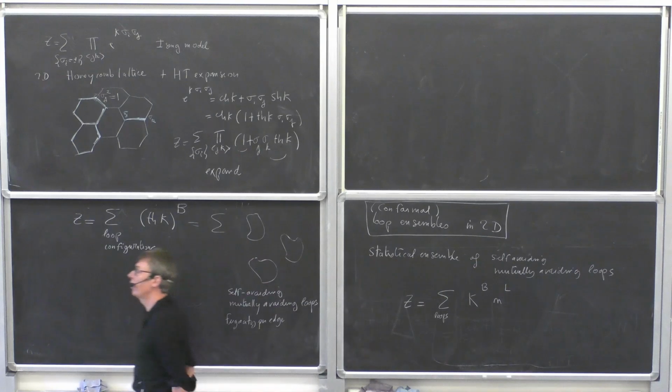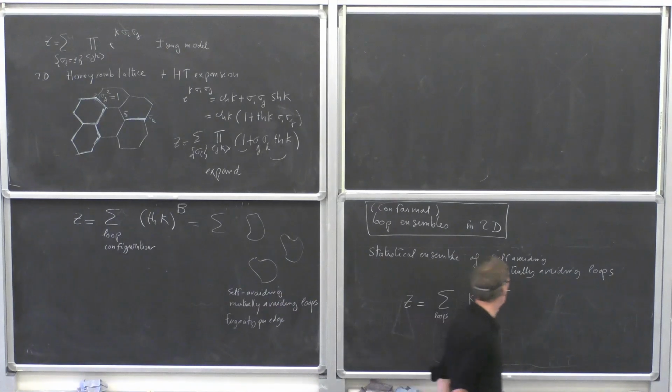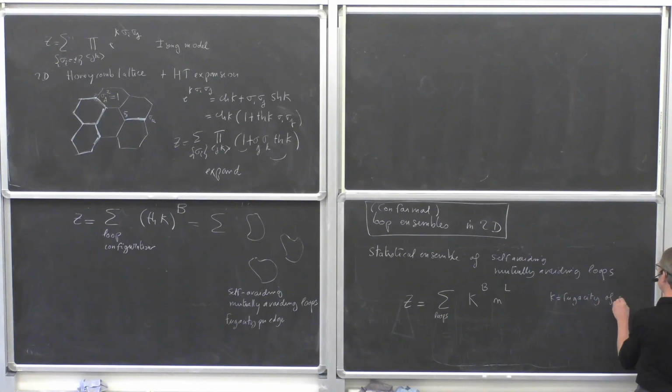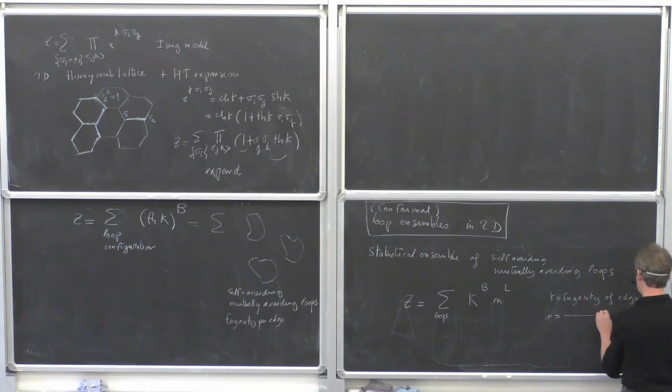So the Ising case is a very special case where the fugacity of the loops is 1. In general, we will allow for a non-trivial fugacity. So K is fugacity of edges. And N is fugacity of loops.